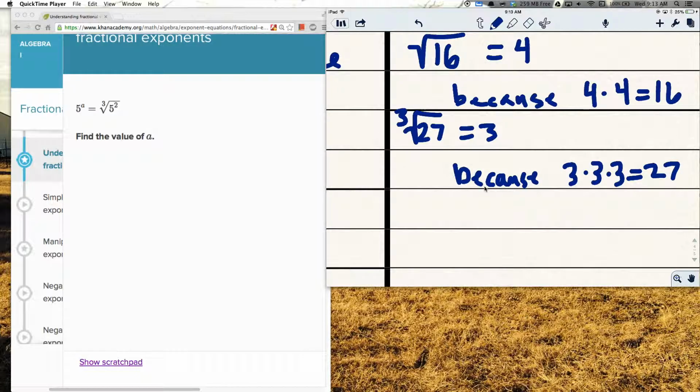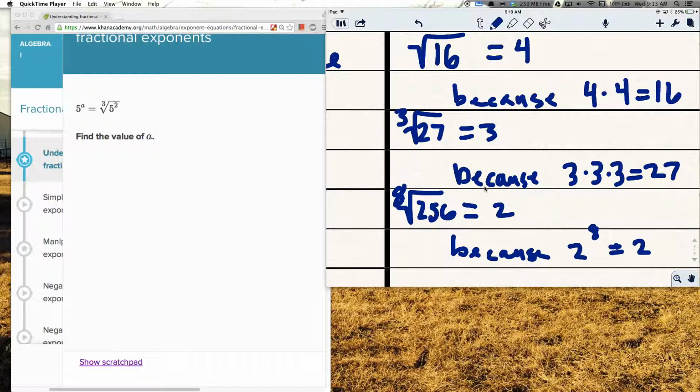Something similar happens when you do, say, the 8th root of 256. It is 2 because 2 to the 8th power is 256.